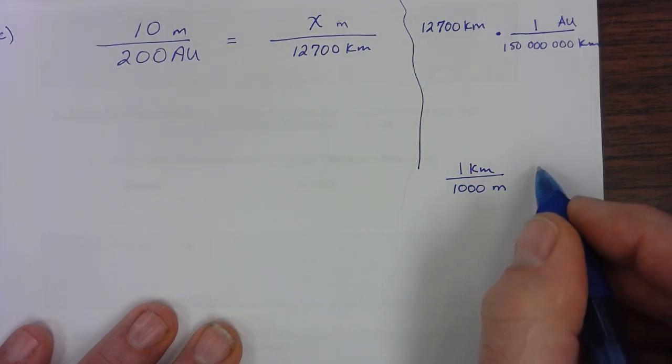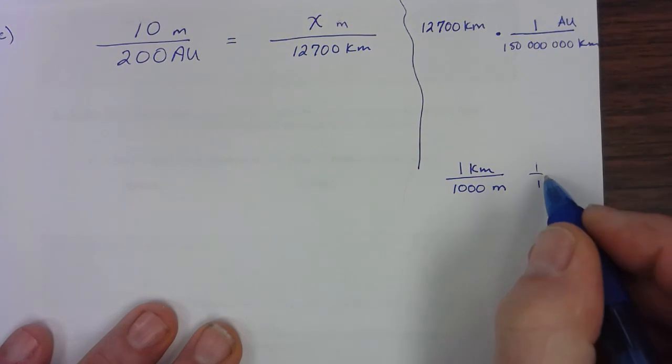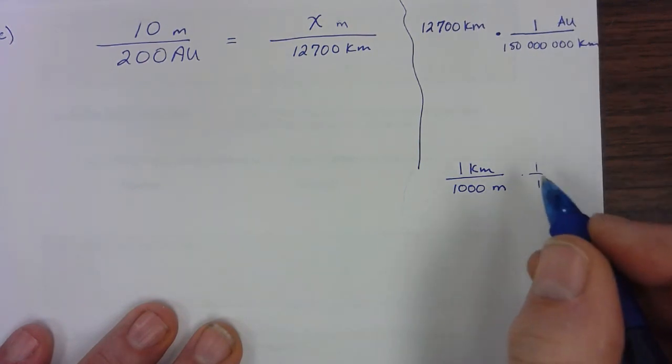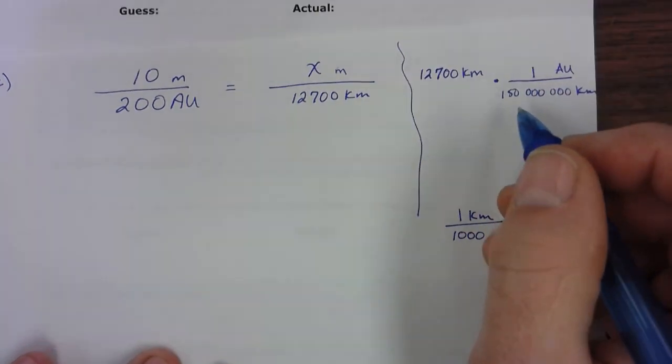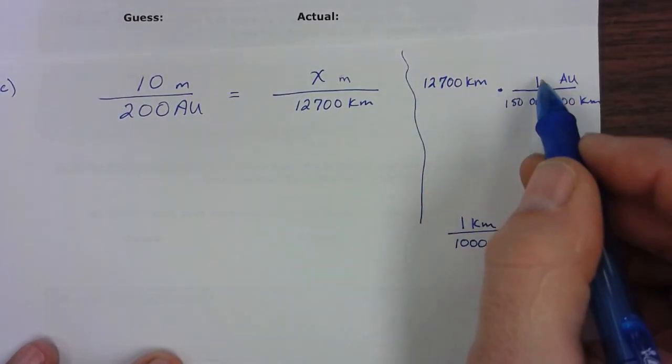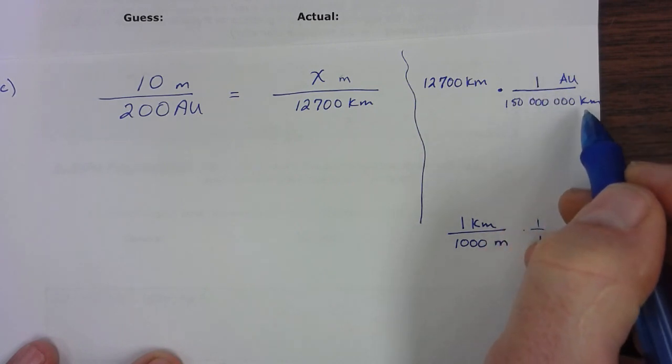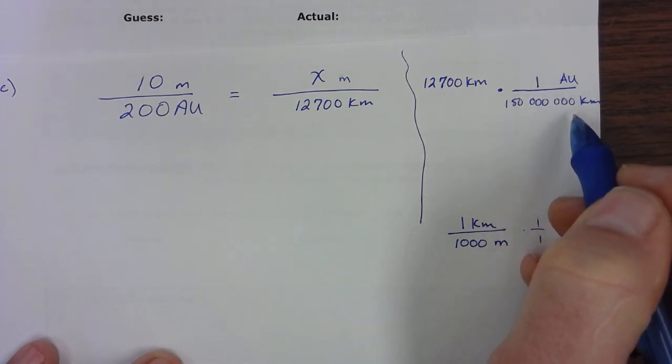So this is kind of like just like 1/1 idea if they were both kilometers. So it's like multiplying something by 1, which we're allowed to do. So here we're going to multiply this by effectively 1, but out of it we'll get this conversion.